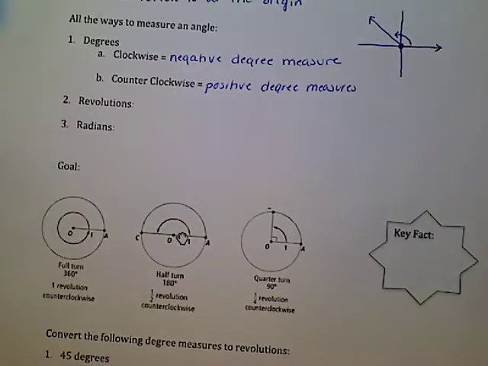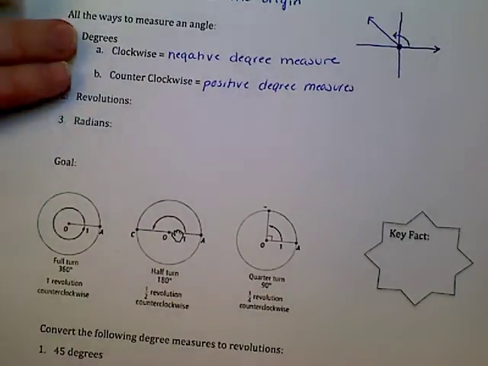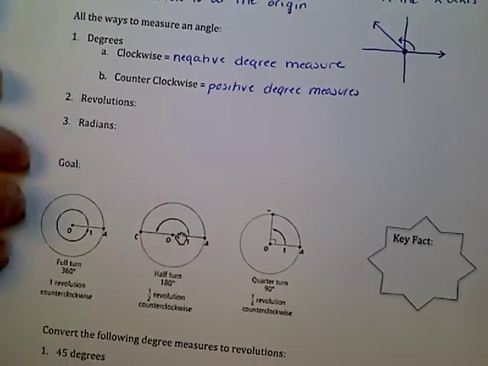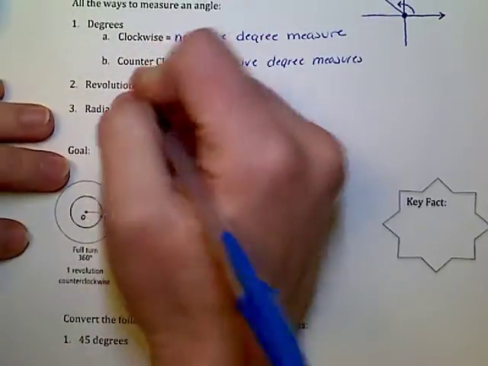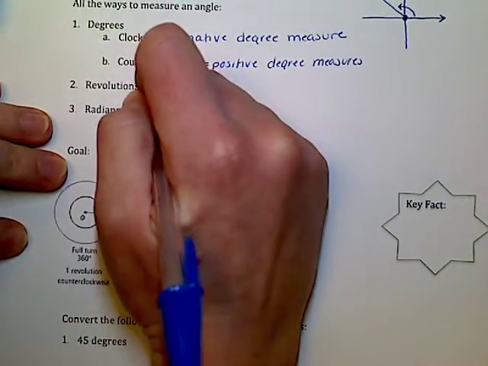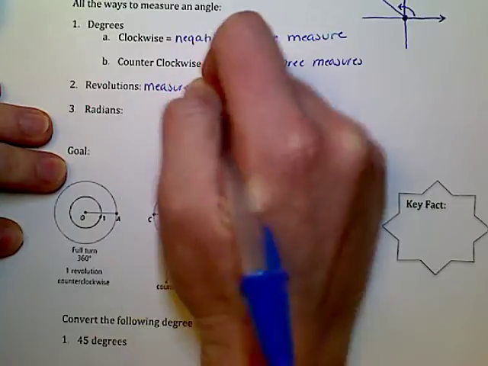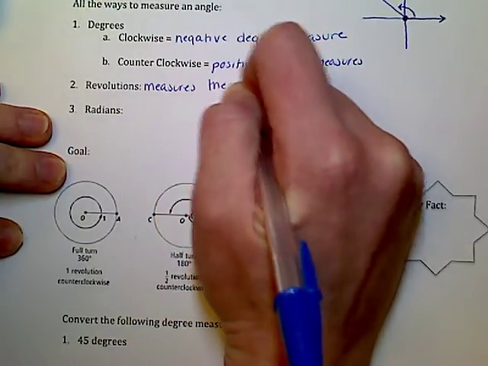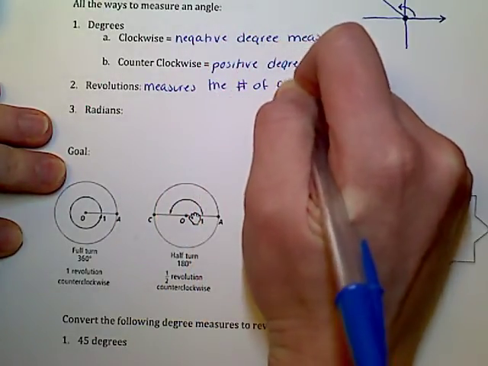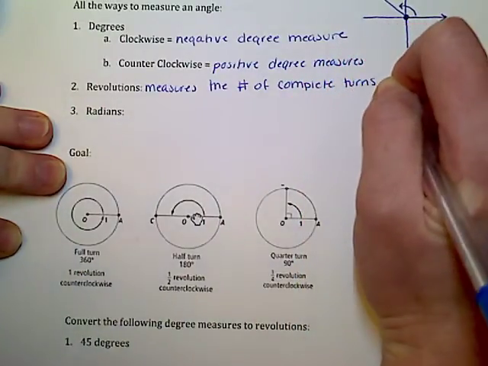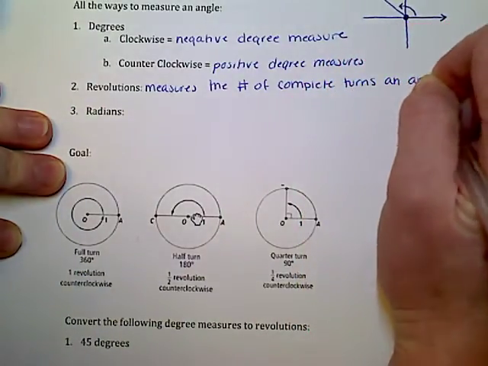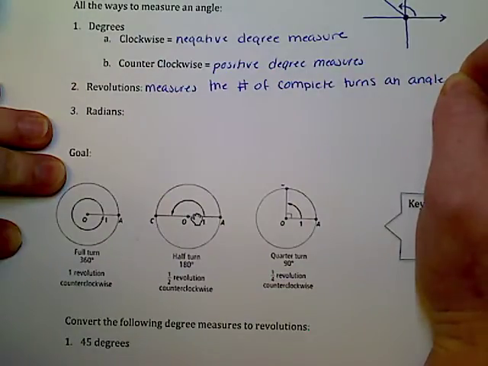So you know all about measuring angles with protractors and whatnot in degrees, so people are usually pretty familiar with degrees. Revolutions, a little less familiar, but it usually is pretty intuitive. Revolutions measures the number of complete turns an angle makes.